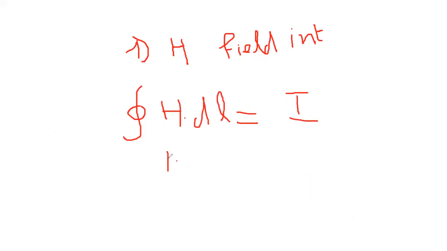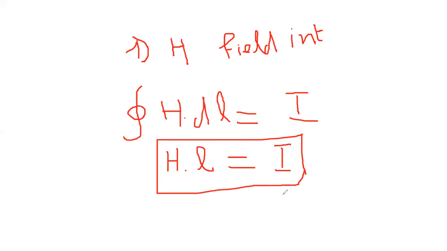This integral equals directly H multiplied by L, the full path, equals I. We call this Ampere's law. This is the first element that must be defined for the magnetic circuit, which is the magnetic field intensity.